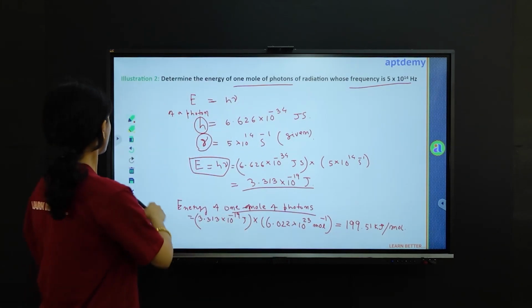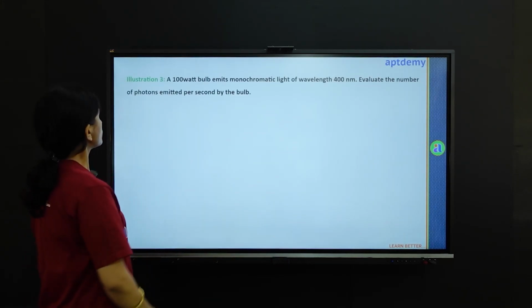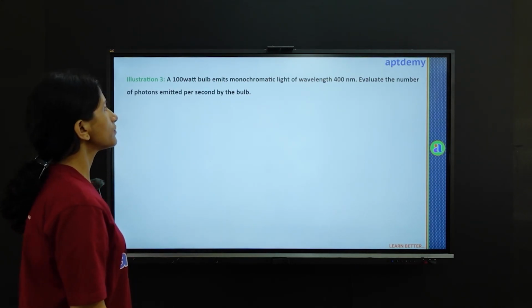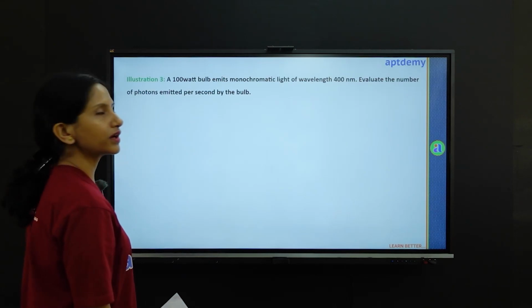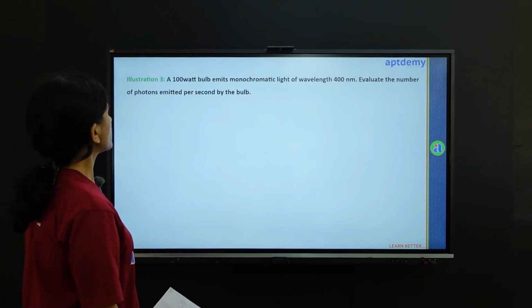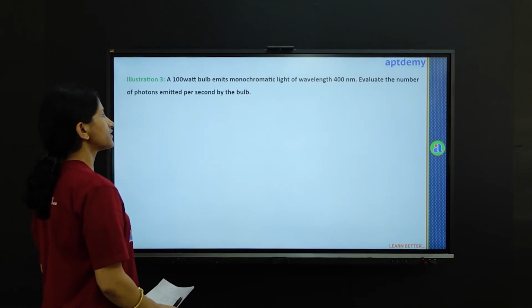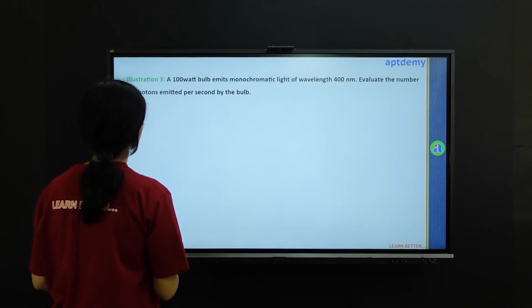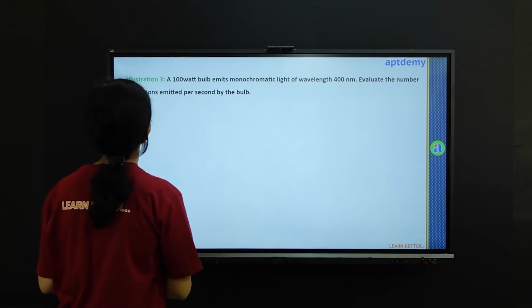Very simple. Now let's move on to the next one, which is asking that a 100-watt bulb emits monochromatic light of wavelength 400 nanometer. Evaluate the number of photons emitted per second by the bulb. Here power is given. So let's see how can we solve this problem.